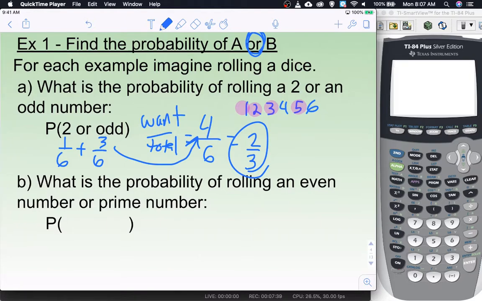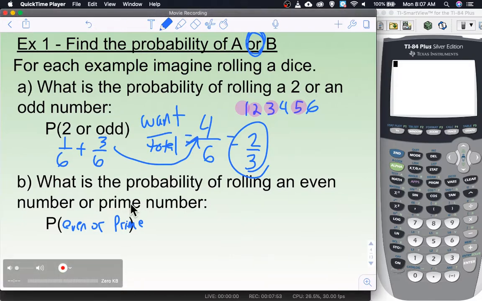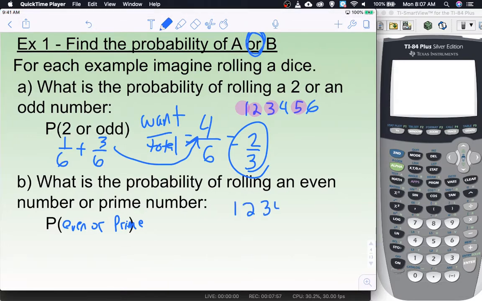Letter B. What is the probability of rolling an even number or a prime number? Even or prime. I recommend for a lot of these, especially if there's a small number of possible outcomes, I recommend listing. This is an example where the adding of the probabilities together does not work. How many even numbers are there on a dice?